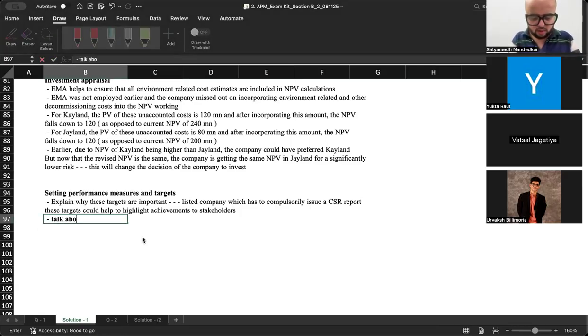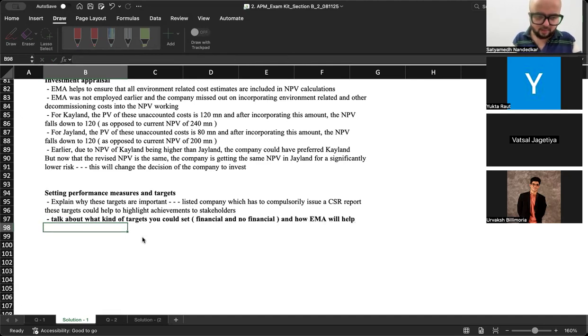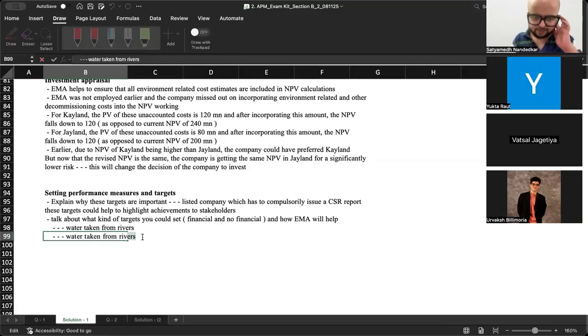Talk about what kind of targets you could set, financial and non-financial, and how EMA will help. What could these targets be? Water taken from rivers, pollutants released into the river.